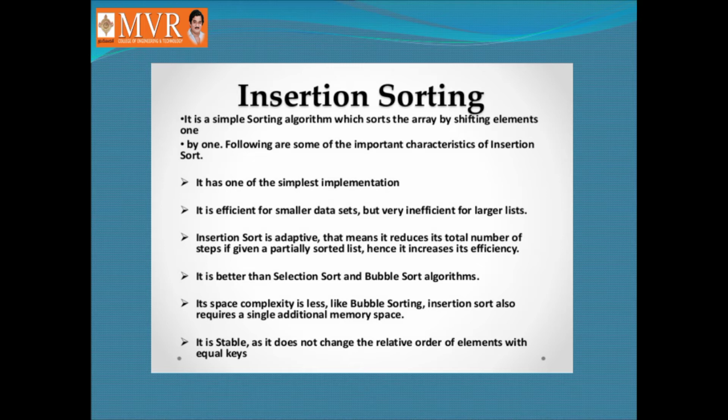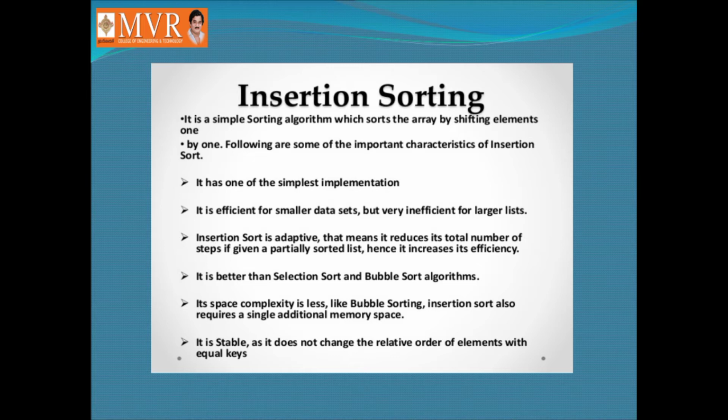It is better than the selection sort and bubble sort algorithms. You have already known the selection sort and bubble sort; this insertion sort algorithm is better than those techniques.